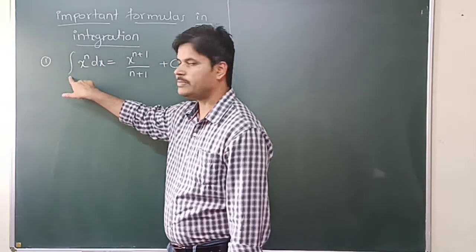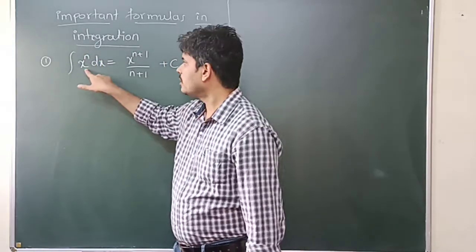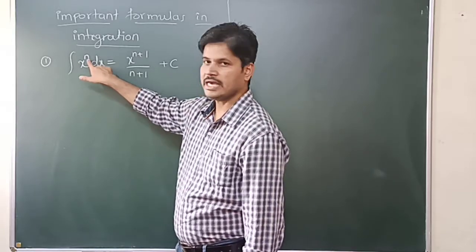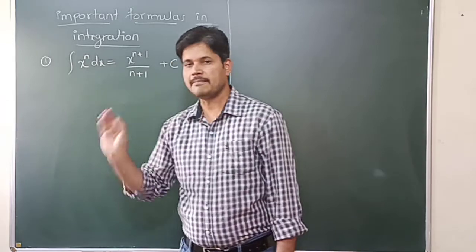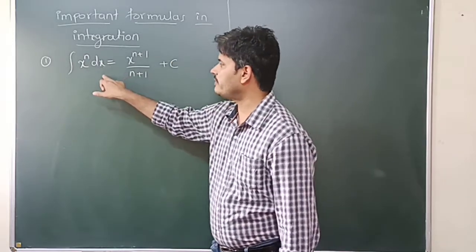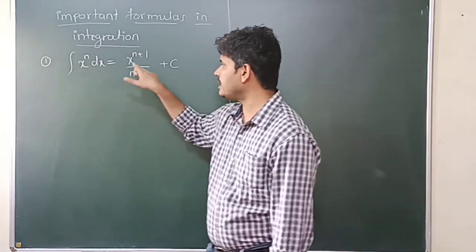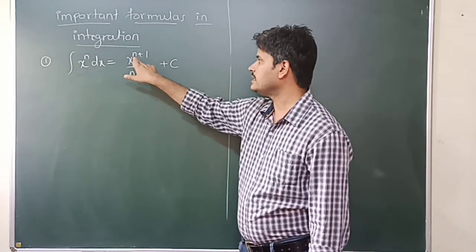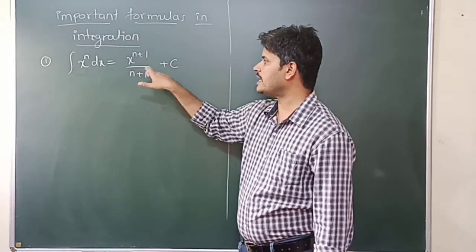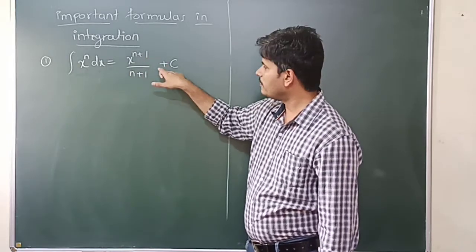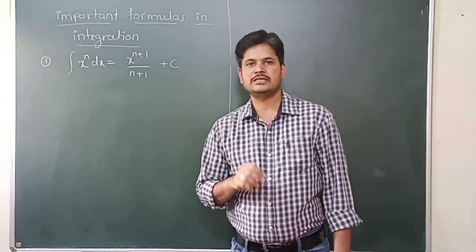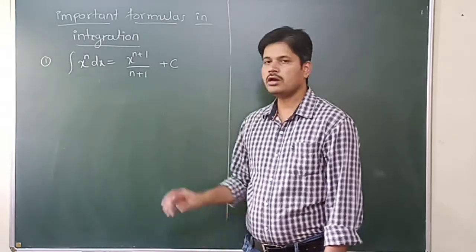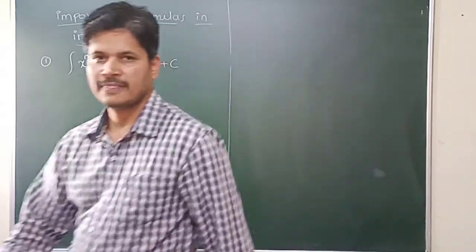This symbol represents integration of x raised to n with respect to x, where n is a number. When you integrate this with respect to x, it becomes x raised to n plus 1 divided by n plus 1 plus c. This c represents the constant term. Remember this or take a snapshot.